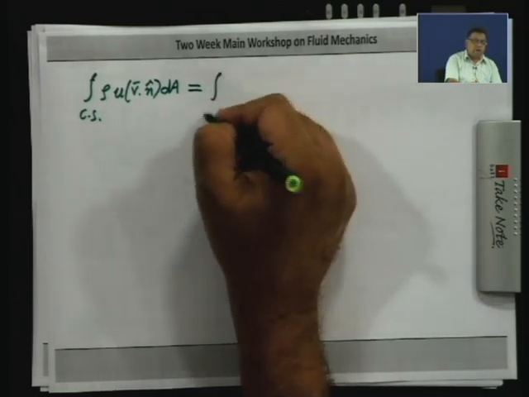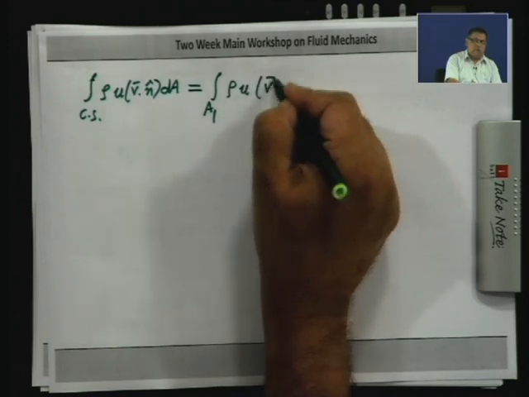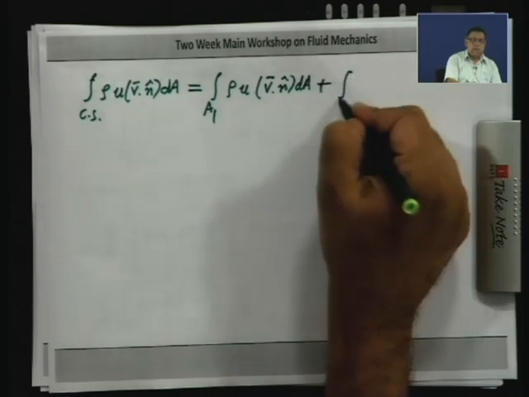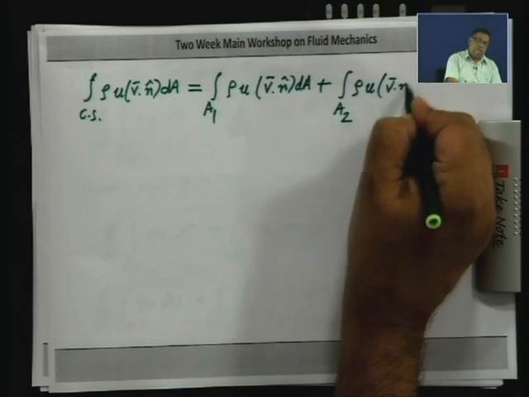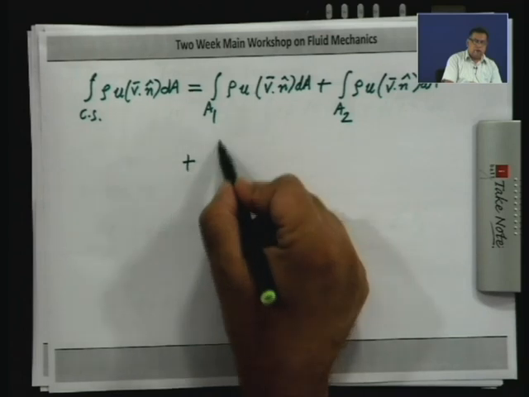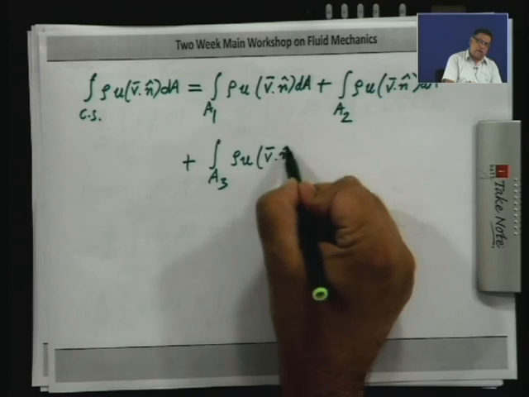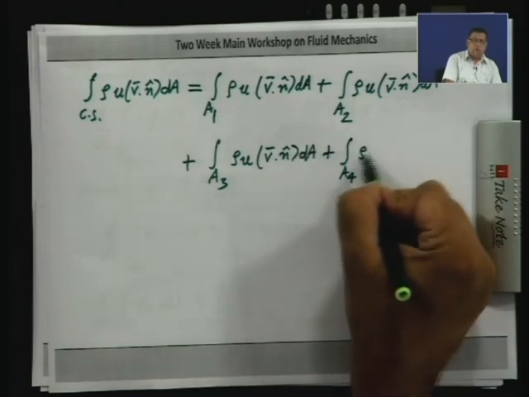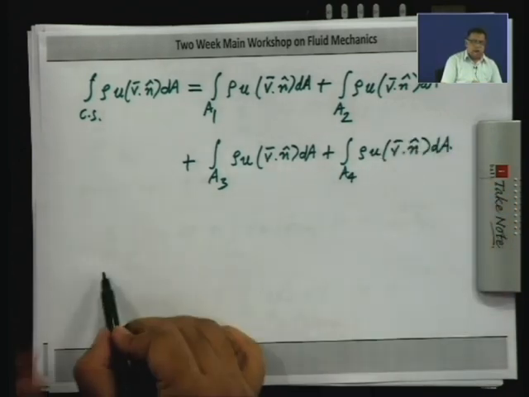So, you can write it as integral over A 1 rho u v dot n dA plus integral over A 2 rho u v dot n dA plus integral over A 3 rho u v dot n dA plus integral over A 4 rho u v dot n dA.